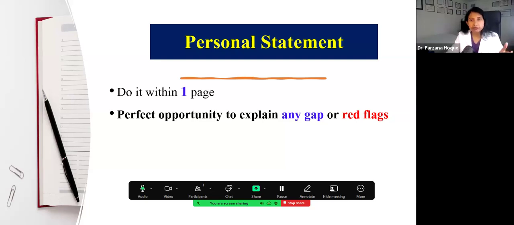If there is a long gap, if there is any failure in any steps, you should talk about this in the personal statement, because if you are bringing it up, this gives you the opportunity to talk more about it in your way. That gives people an understanding of what truly happened, and most importantly, how you overcame that obstacle.